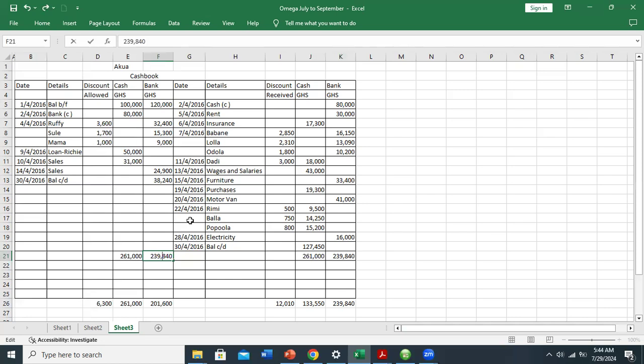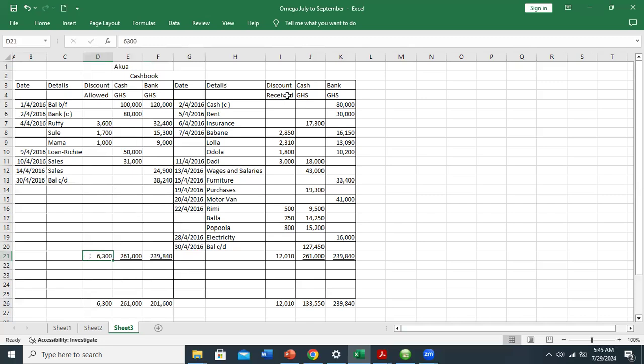Great. So these are totals. Please make sure to underline your totals, very, very important. Okay. And on that same total, please listen, you put your total discount received, 12,010. And then you do the same at the discount allowed side. We had 6,300.